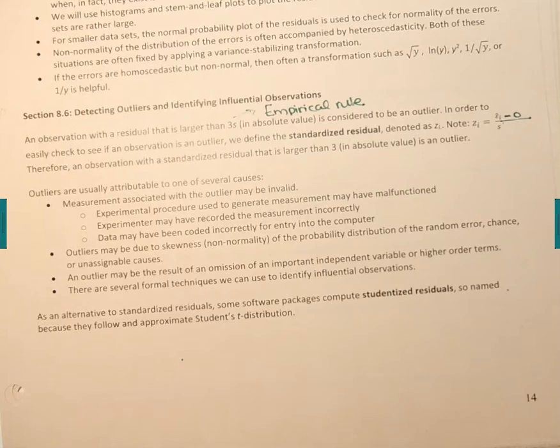And then outliers are usually attributable to one of several cases. It may be that the measurement associated with an outlier is invalid. When this happens, the experimental procedure used to generate the measurement may have malfunctioned, the experimenter may have recorded the measurement incorrectly, or the data may have been coded incorrectly for the entry on the computer.